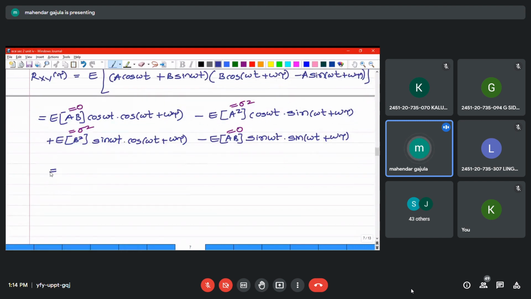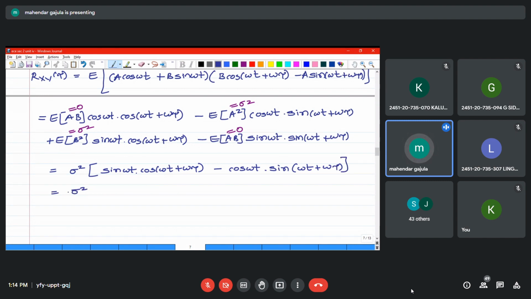So what is left? Let us take sigma square common. It is of the form sin A cos B minus cos A sin B. On taking sigma square common, we get sin omega t cos omega t plus omega tau minus cos omega t sin omega t plus omega tau.